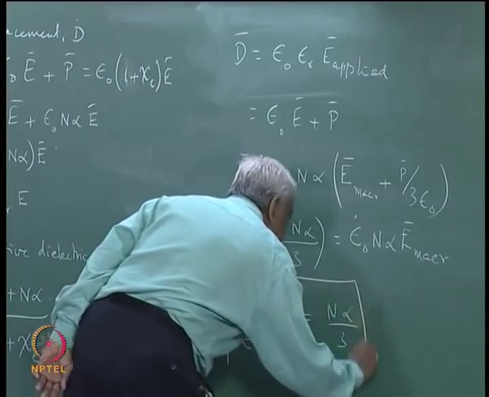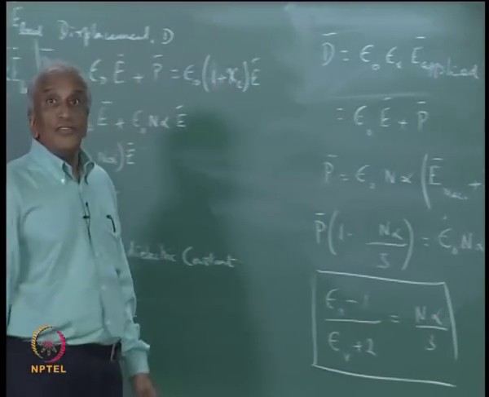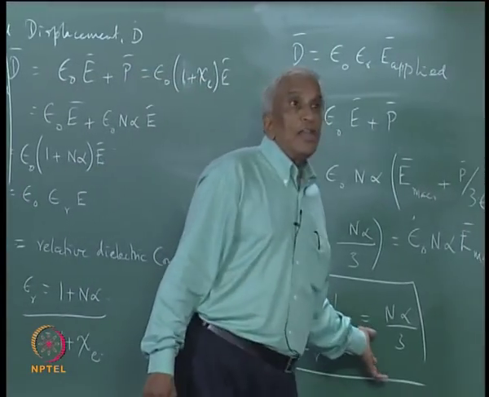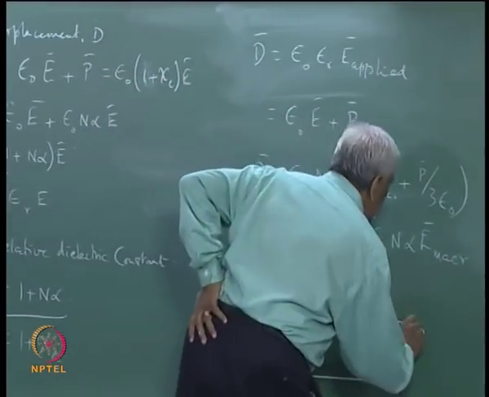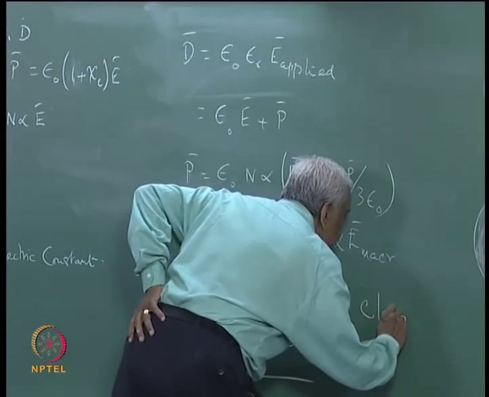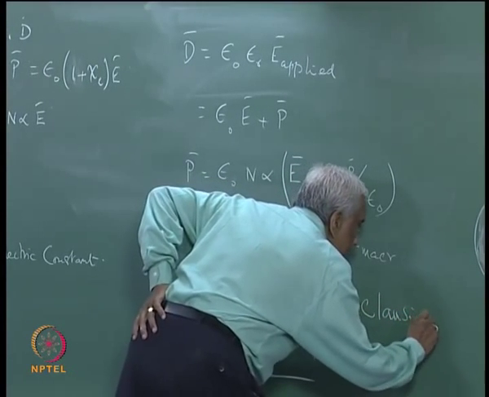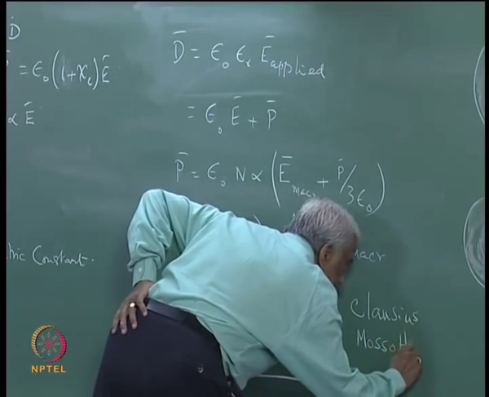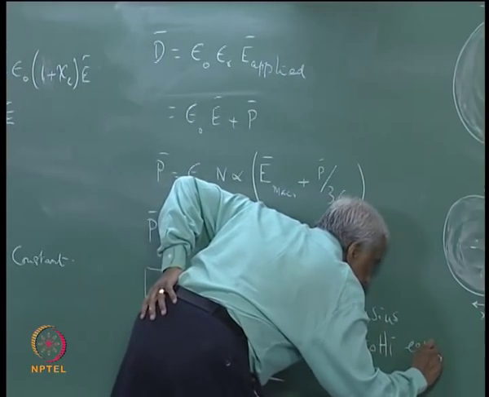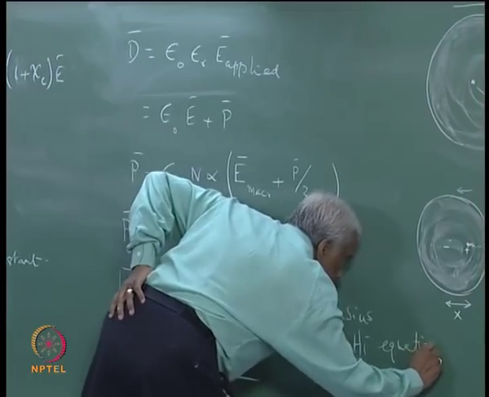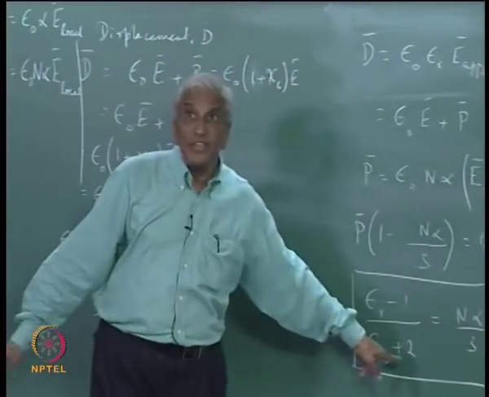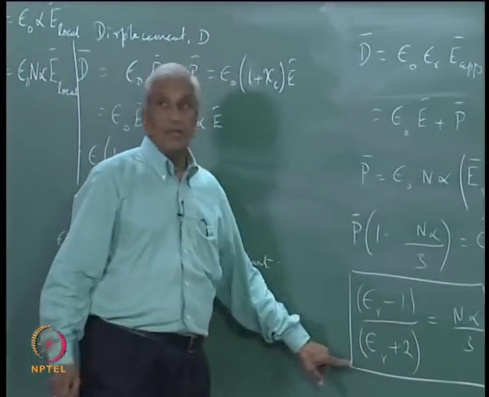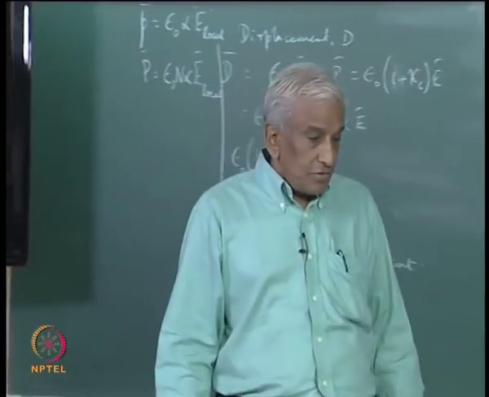This is the relation which replaces the Clausius relation for a gas in the case of a solid or liquid dielectric. This relation is known as the Clausius-Mosotti equation. So, the presence of the internal electric field produces this term in the denominator. That is how this is changed.